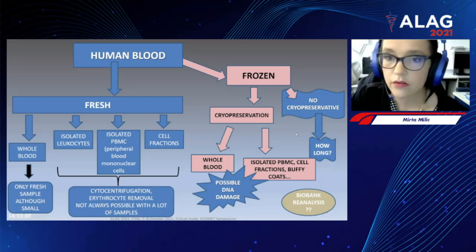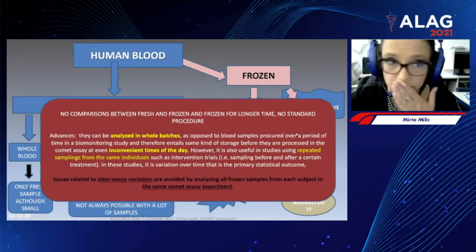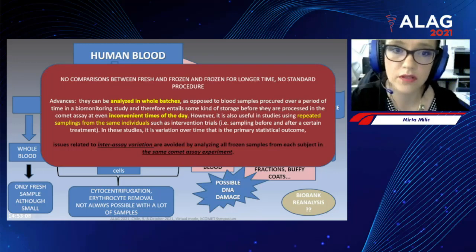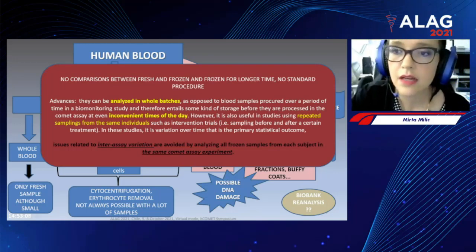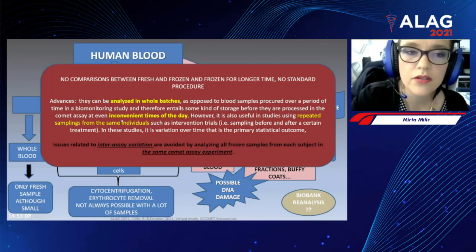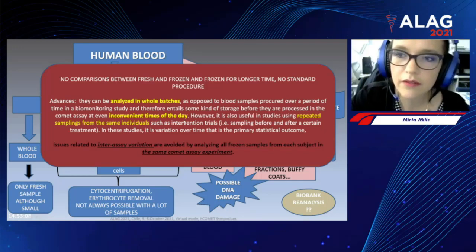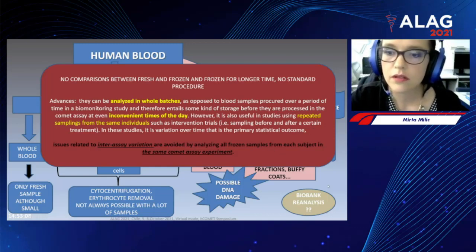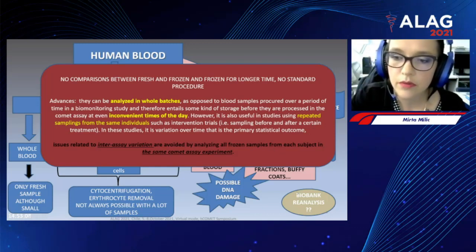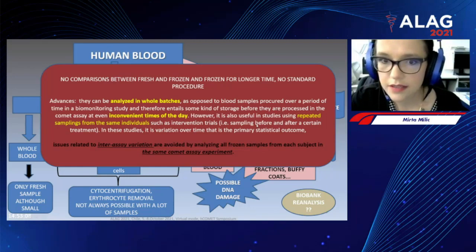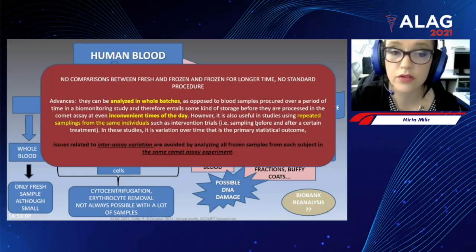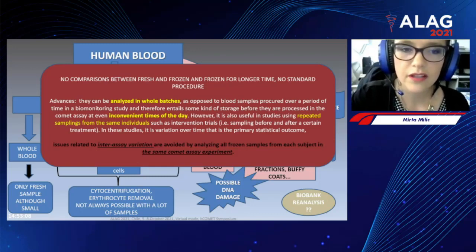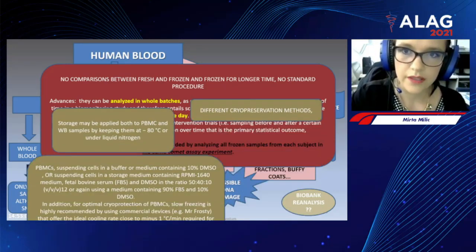So in our hCOMET group, we wanted to analyze and compare those samples. With frozen samples, you can choose the time of day when you will use them. You can use repeated samples. And you can also use samples from the biobank for reanalysis. The use of frozen samples is actually opening new fields for the alkaline comet assay.